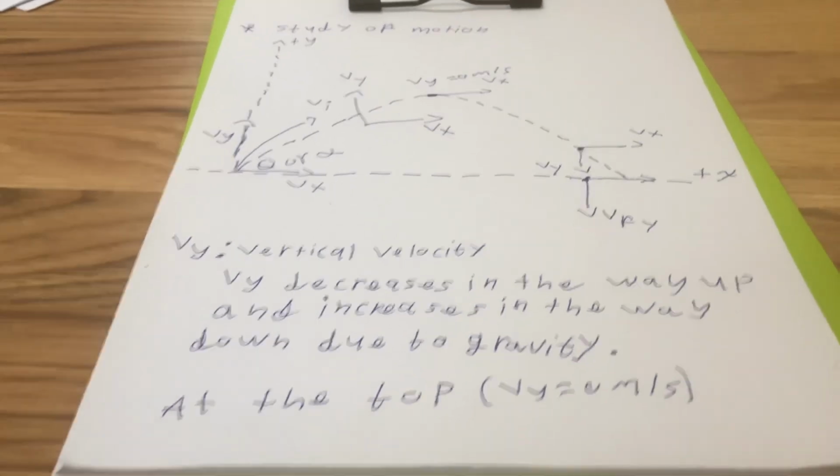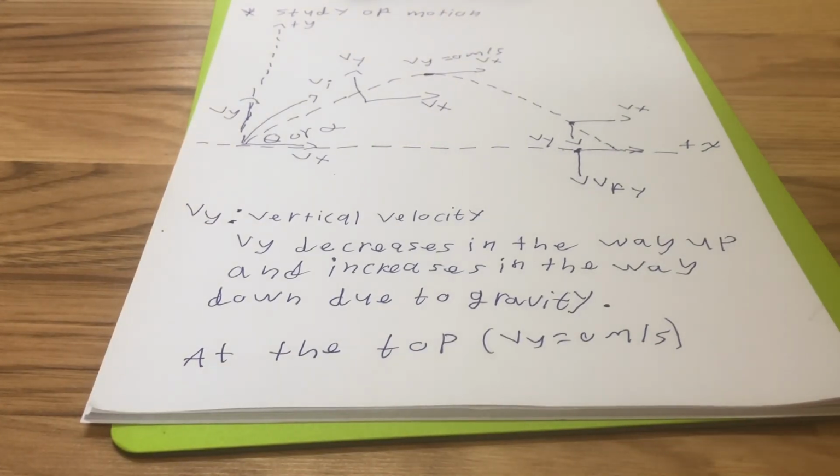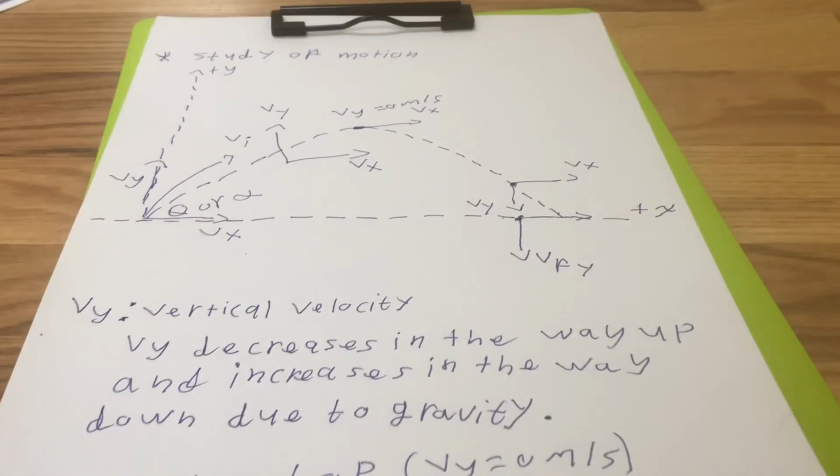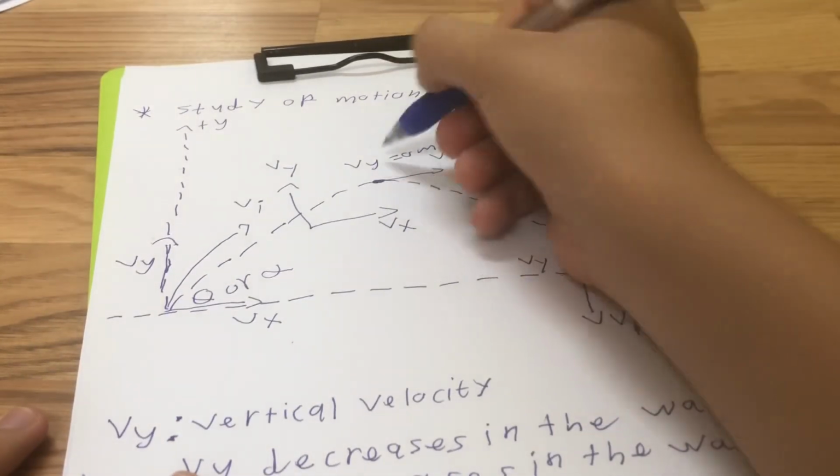Vy stands for vertical velocity. Vy decreases on the way up and increases on the way down due to gravity. At the top, Vy equals 0 meters per second, as you can see in the graph here.